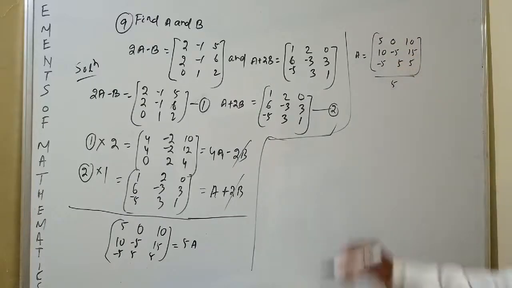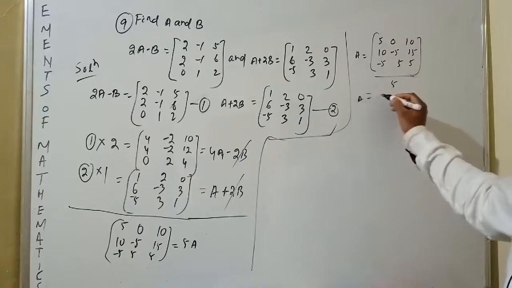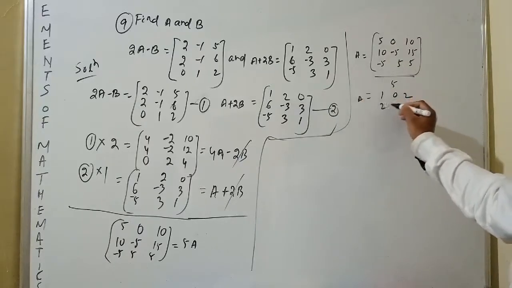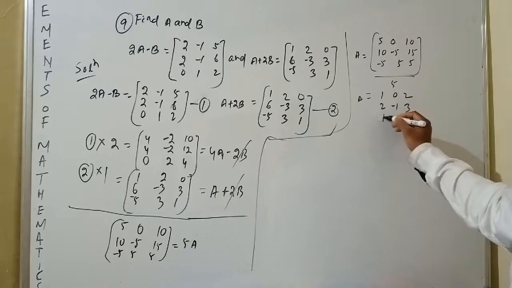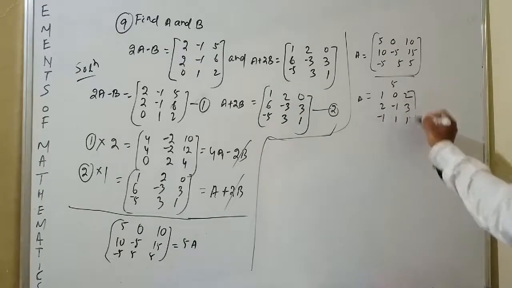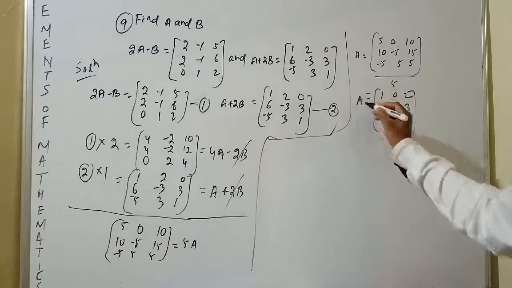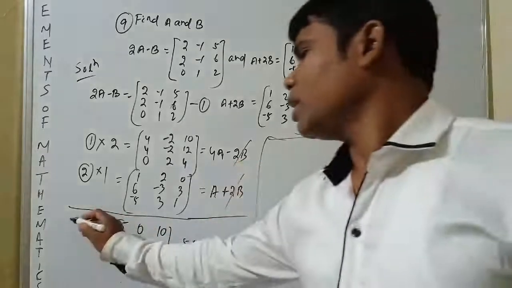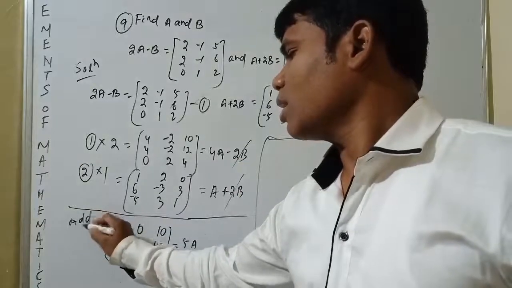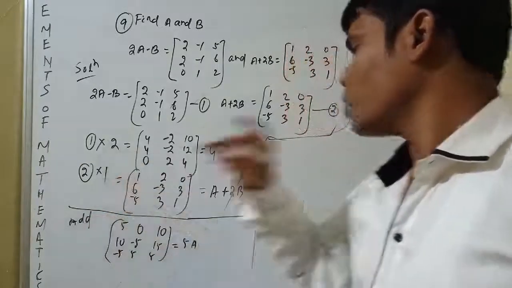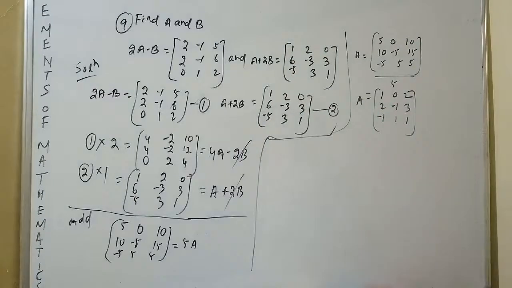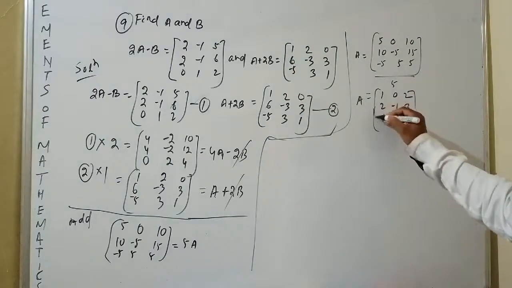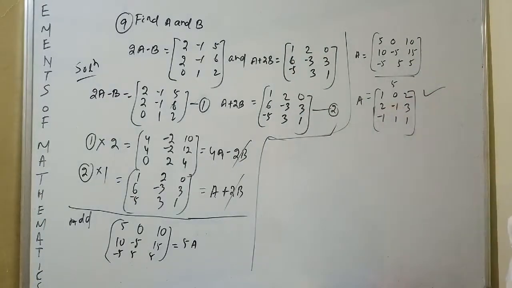So A is equal to [1 0 2; 2 -1 3; -1 1 1]. This is your A. Next you find B.